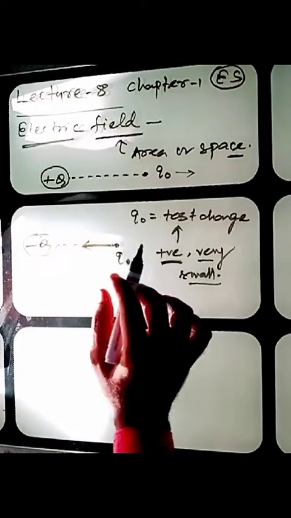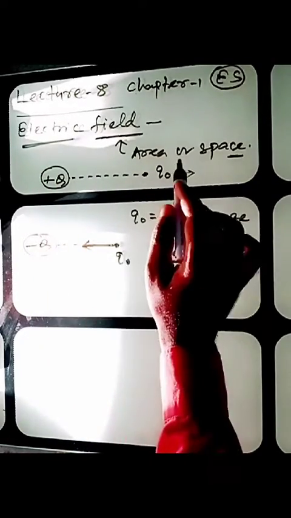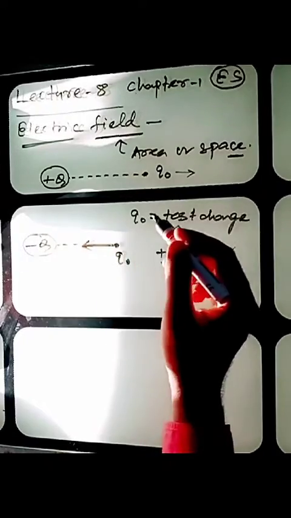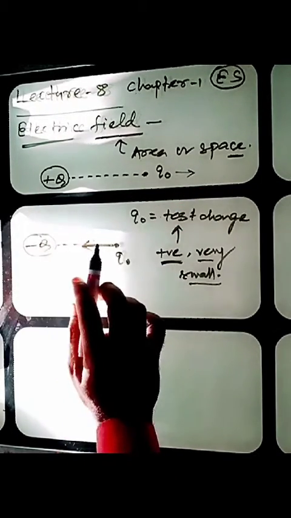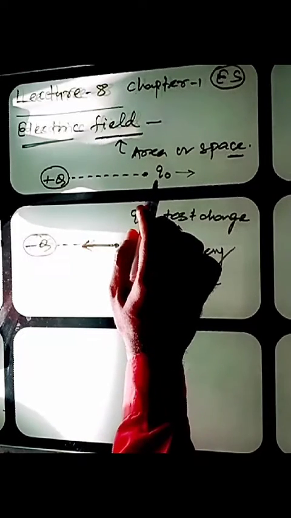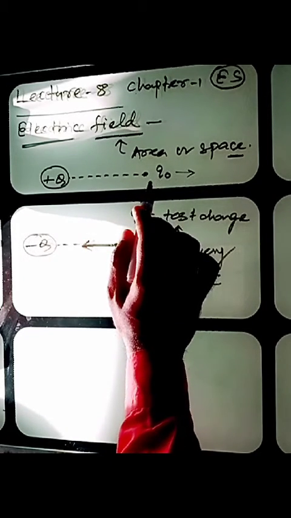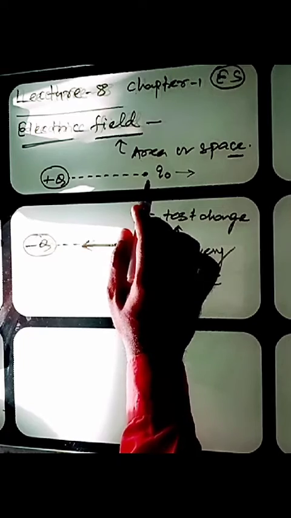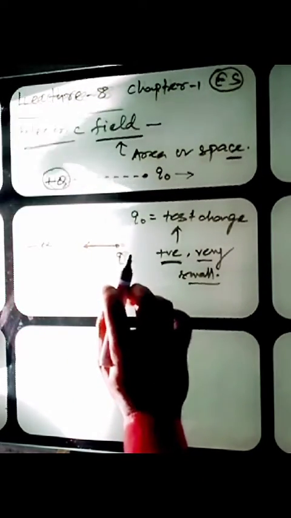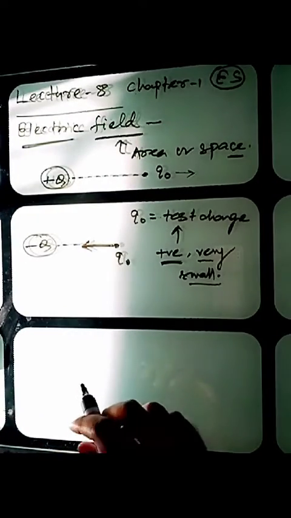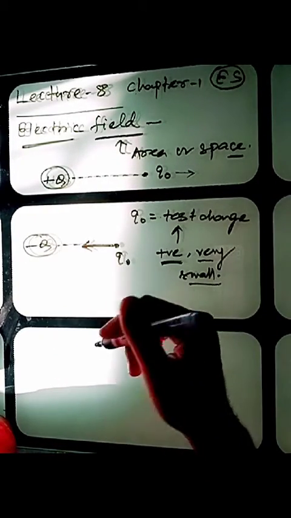So electric field is nothing but the space or area up to which this charge can influence any other charge with its effect of static electricity. And this is the concept of electric field actually.